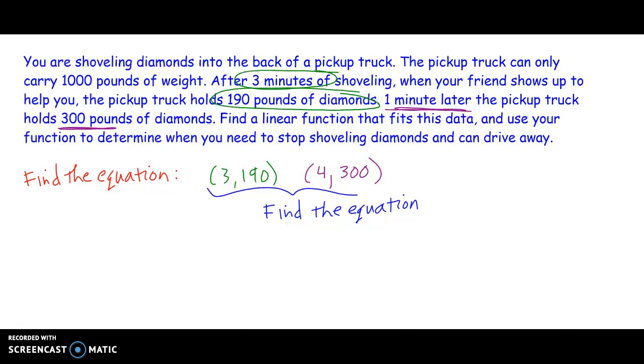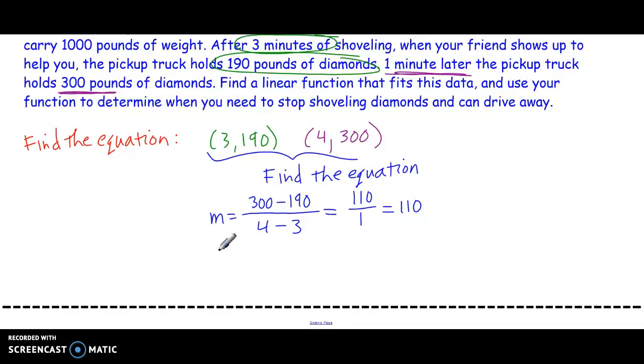Okay, so to get the equation of a line, first step is figure out what the slope is. So y2 minus y1 over x2 minus x1, rise over run. So that's going to be 110 over 1, so the slope is 110. And then the next step is to plug into the point slope equation. y1 is 190.